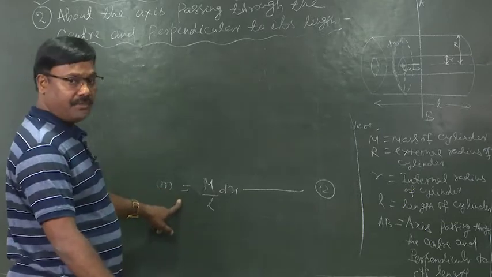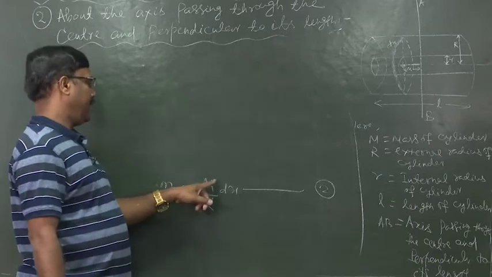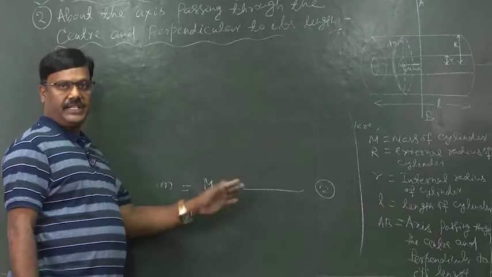Now we have found the mass of the elemental disk to be M by L into dx.